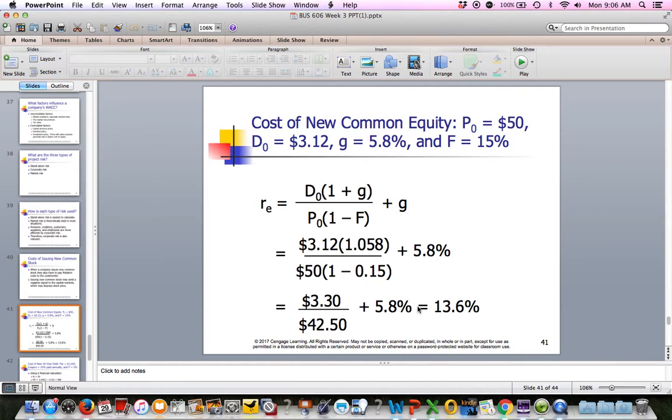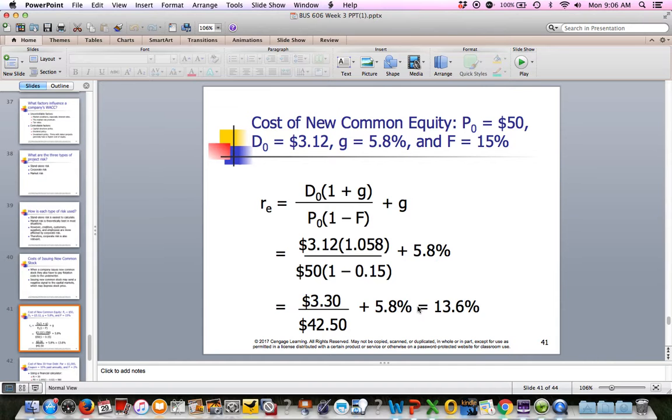So this is just saying if we were to factor in issuing new equity and now factor in the fact that we'd have to pay a flotation cost, that impacts the WACC, right? The higher the flotation cost, your WACC will go up, because the higher the flotation cost, the higher the cost of issuing stock, meaning the higher my WACC will end up being.